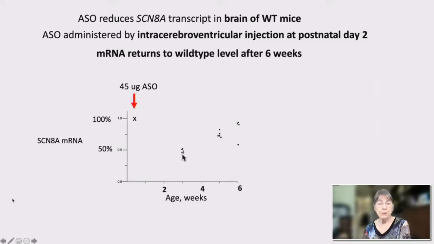Looking at 3 weeks, we're down to 50% remaining RNA. But as the weeks progress, this returns to normal. And by 6 weeks, we have the normal level of transcript. So that's very important to remember when we come to the Dravet syndrome data.